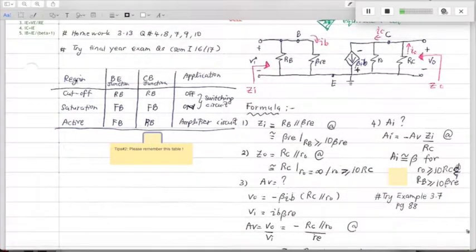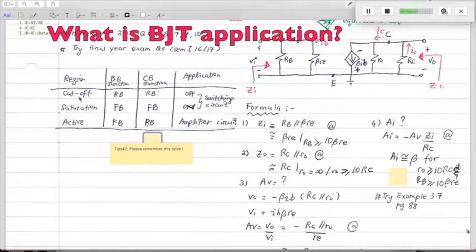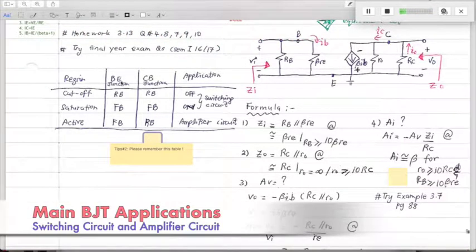Number 2, the regions. We know that we have the cut-off region, saturation region, and active region. In a BJT, if the BE junction is in reverse bias as well as the CB junction, the BJT is in off mode. For the saturation region, both must be in forward bias, so the BJT is in on mode.